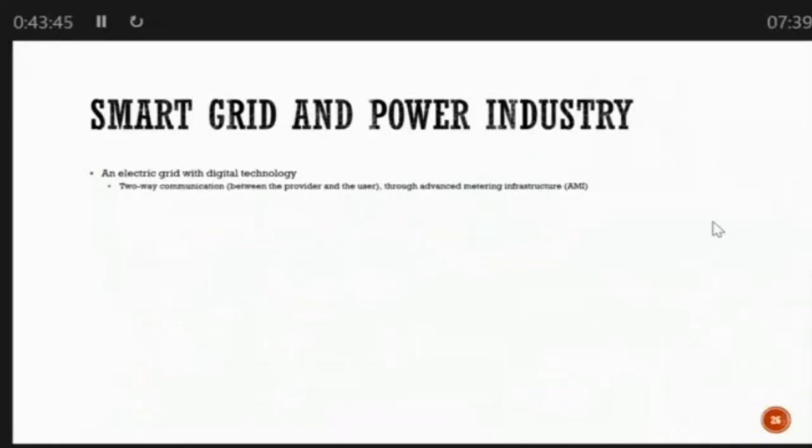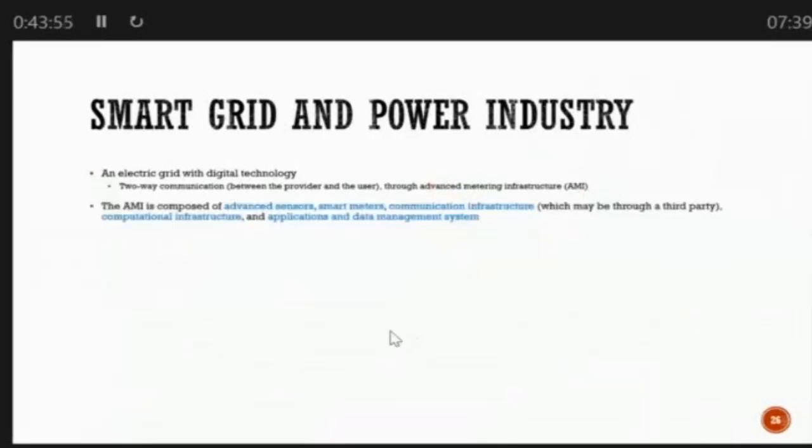How are you providing the feedback? You're doing that through advanced metering infrastructure or AMI. What is AMI? AMI is composed of advanced sensors, meters, communication infrastructure. Communication infrastructure means you're probably taking on board your telecommunication industry. Right now, your power industry is completely dependent on a power company, a company that provides you electricity. That's it. No other company is involved in that case.